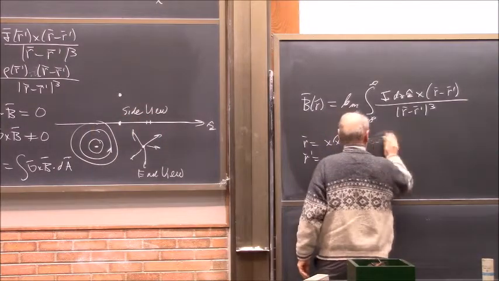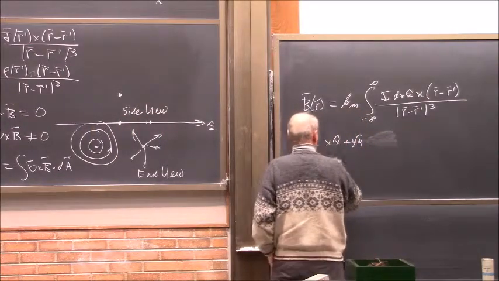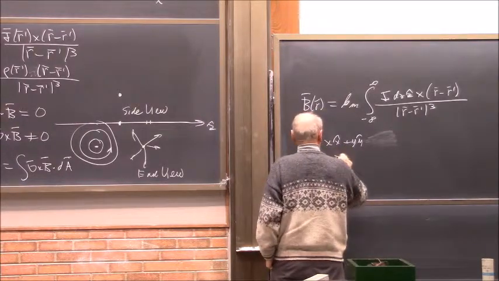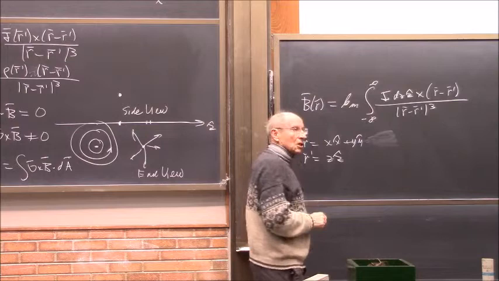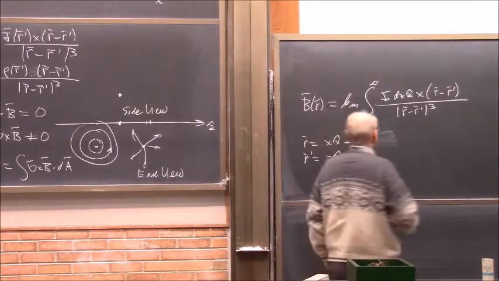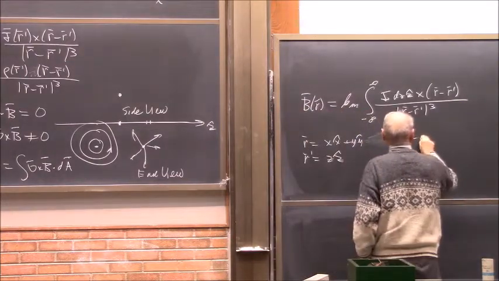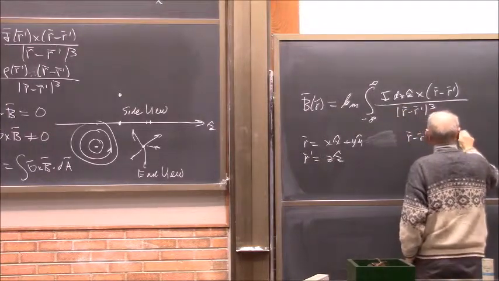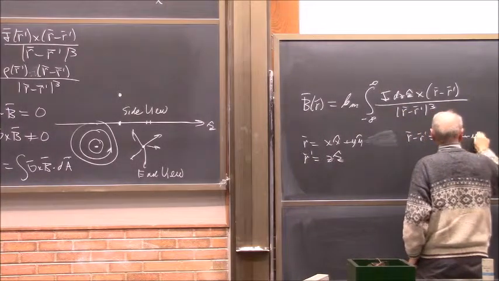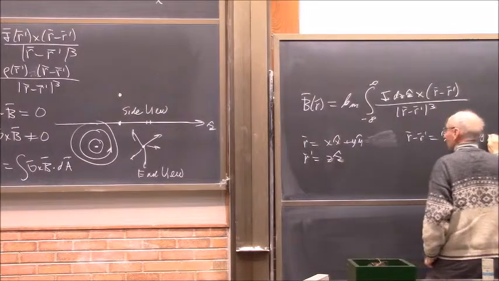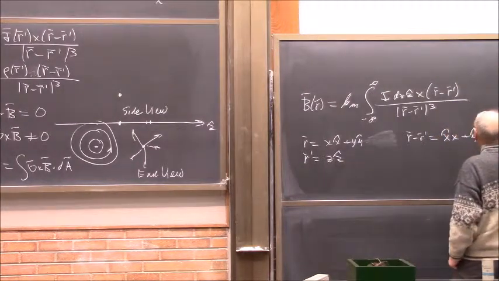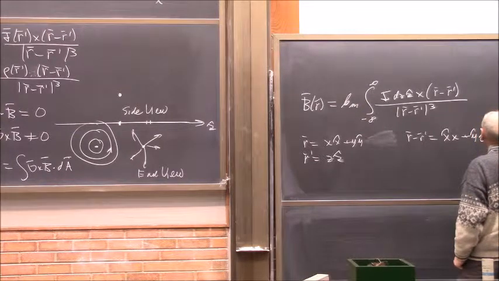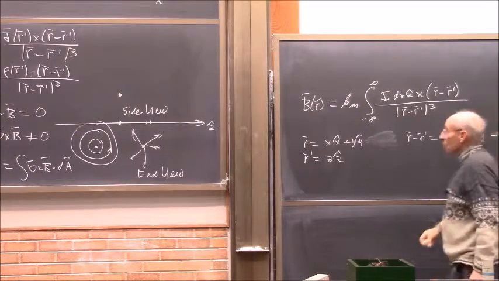And r prime, there's no x component, no y component. It is z z hat. And so r minus r prime is x in the x direction, y in the y direction, and minus z in the z direction.